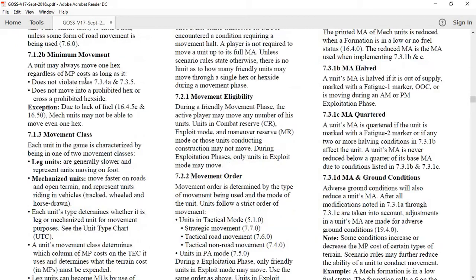Okay, so that's what that's about. It does not move into a prohibited hex or cross a prohibited hex side. Exception. Due to lack of fuel, mech units may not be able to move even one hex.